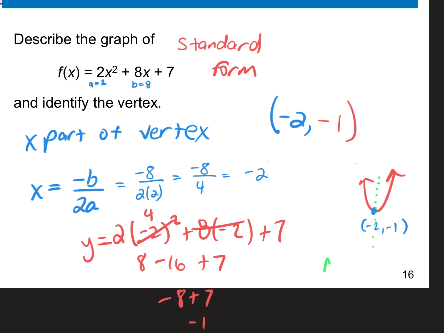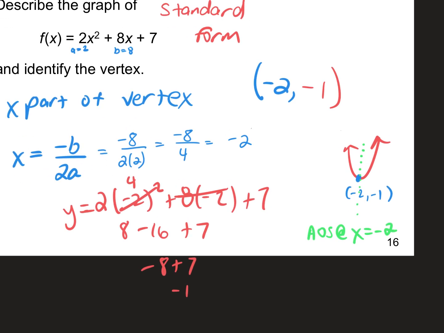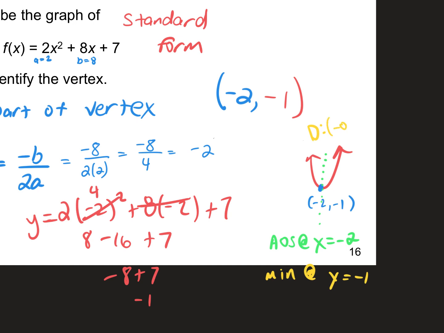Your AOS, your axis of symmetry, is at x equals negative 2. Perfect. All right, do you have a maximum or a minimum value here? You have a minimum value. Your minimum value is at the y part of the vertex. So you have a minimum at y equals what? Negative 1. Perfect. What's the domain of this parabola and every parabola we're ever going to talk about in your whole entire life? Negative infinity to positive infinity.